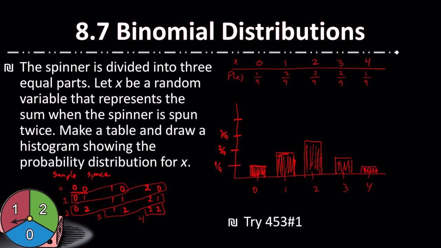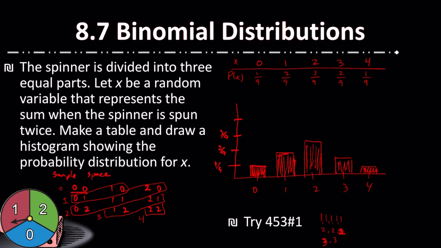Why don't you try number 1? For number 1, let me help you. Your sample space is 5 1s, or 3 2s, or 2 3s.